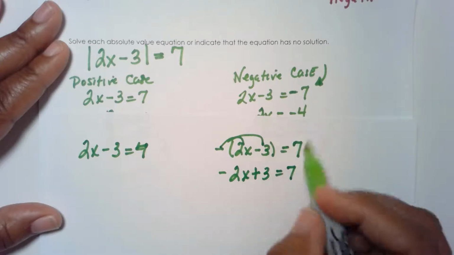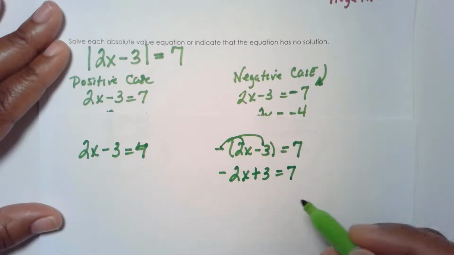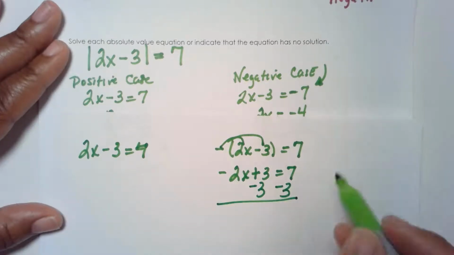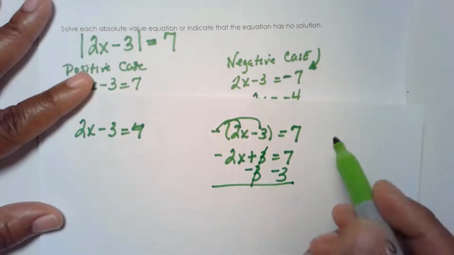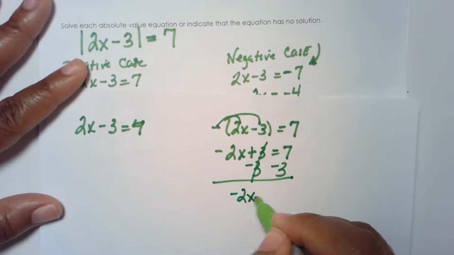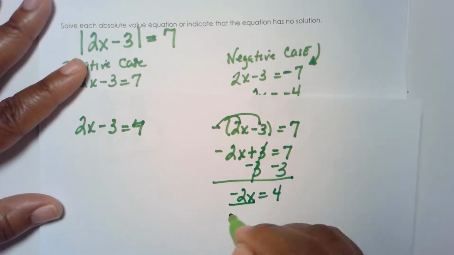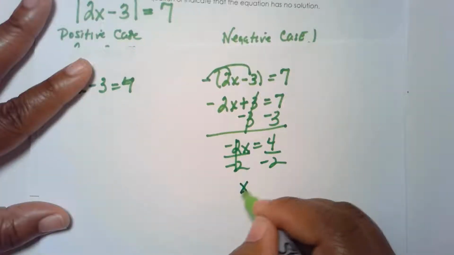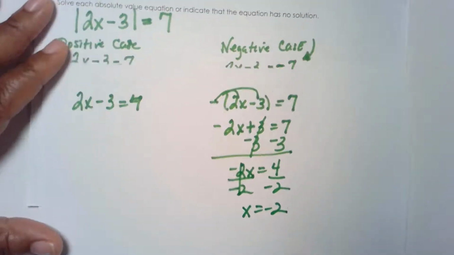Make one of the sides negative. We're still going to end up with the same answer as far as the negative case. So we would subtract 3 from both sides. We have -2x is equal to 4. Divide by -2. We have x is equal to -2.